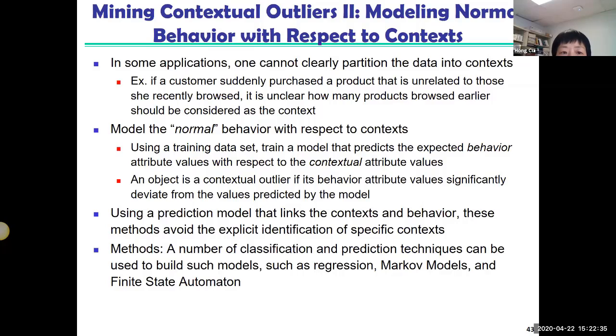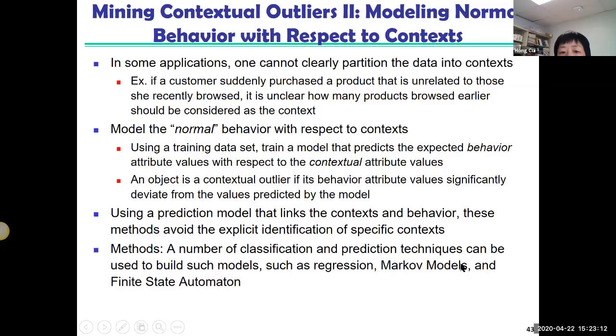In this case, we can model the normal behavior with respect to context. So this becomes a prediction problem, like a classification problem. We use the contextual attributes to predict the value of the behavior attributes. We use all of them.